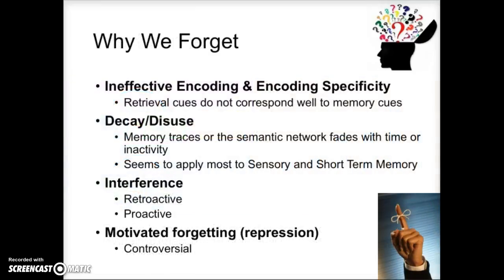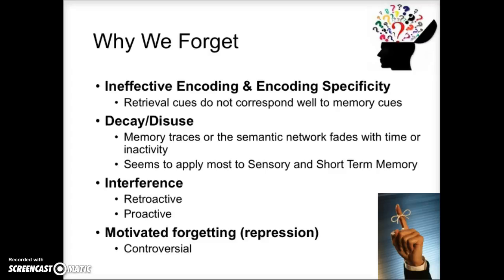Now, the final theoretical reason about why we forget is something called motivated forgetting or repression. And this one is controversial. This one says that I can make myself forget. That I can say, no, no, I don't want to think about it, I don't want to think about it, and then I can make the memory go away.